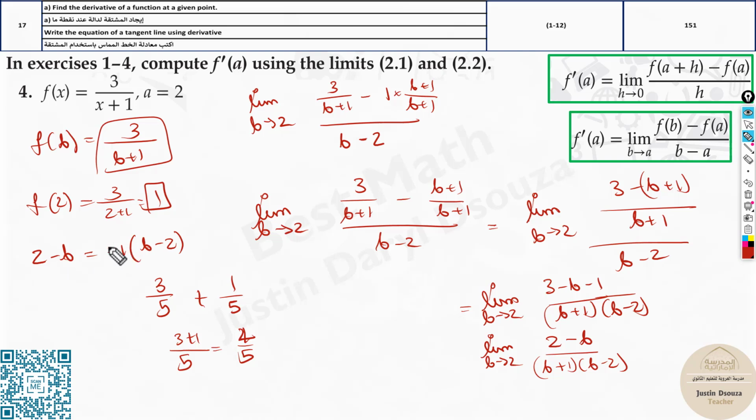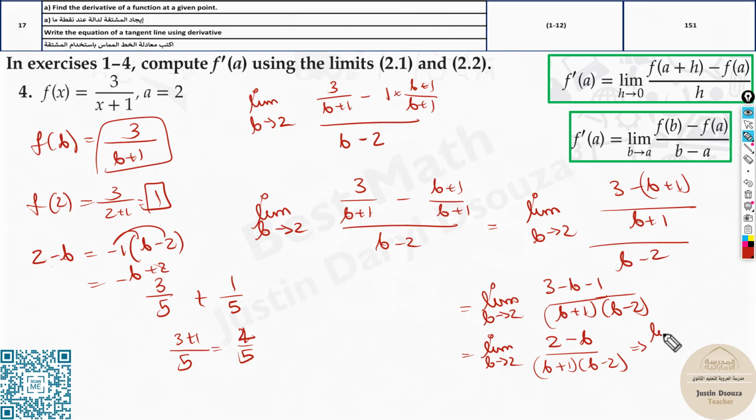Why? Because I've removed a minus sign outside. This minus sign is gone and this becomes plus, whereas this was positive, it becomes minus. Let me multiply this inside and it'll be the same. If I multiply it inside, it'll be minus b plus 2, or it's 2 minus b, right? It's the same thing.